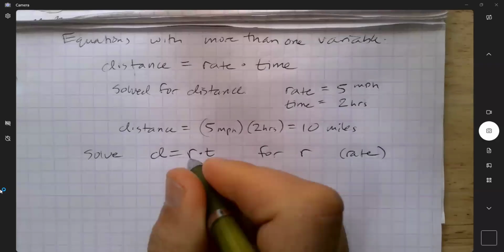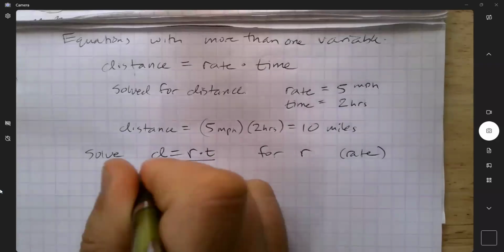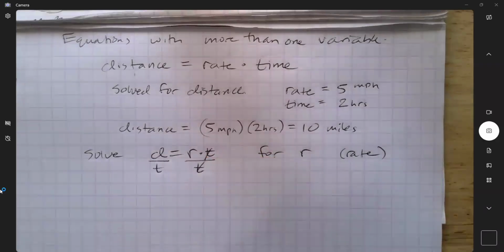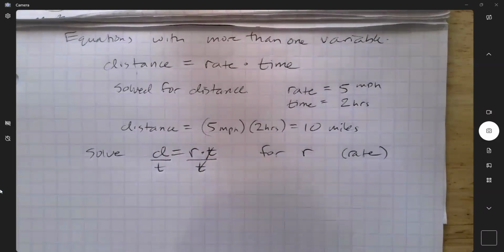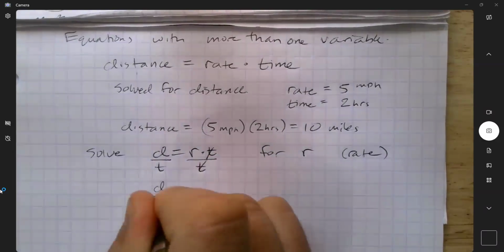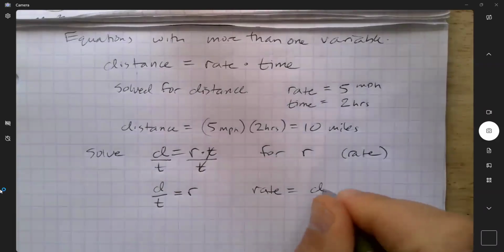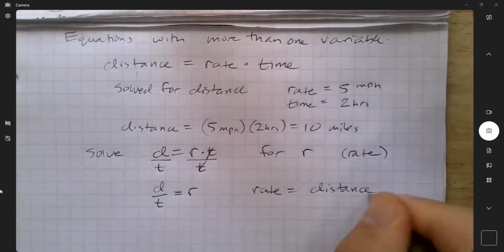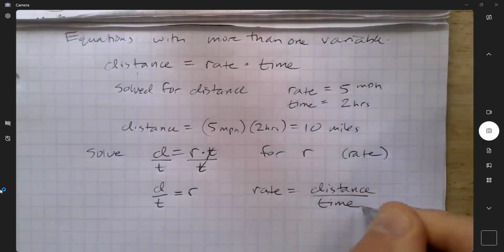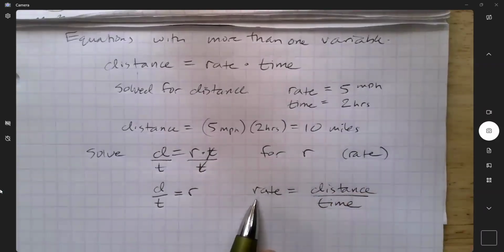Well, if distance equals rate times time, then I can divide both sides by the time, and those cancel out. And I'm left with d over t equals r, or in words, rate equals distance over time. And now the same equation is written where I'm solving for rate instead of solving for distance.